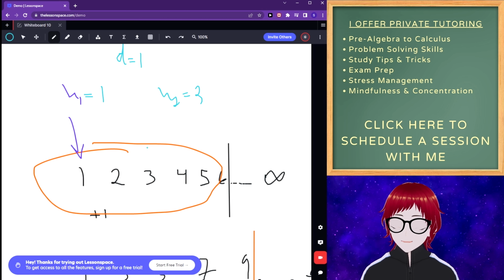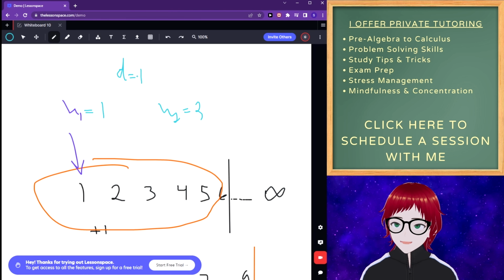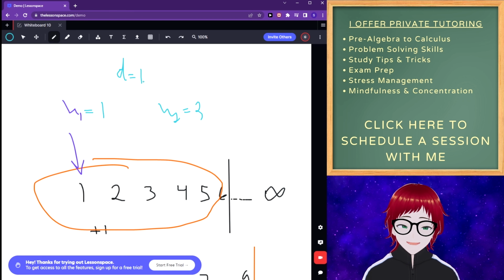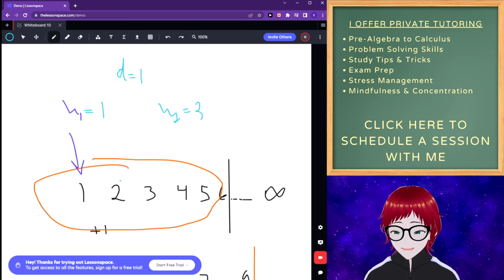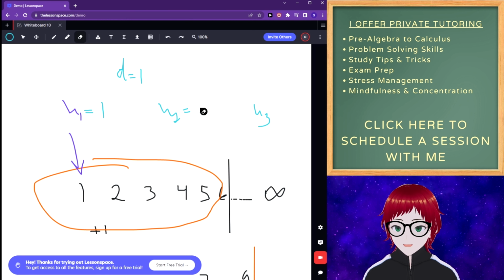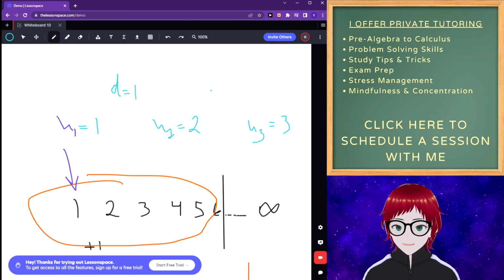And if you notice, this is an arithmetic sequence because the constant term d is going to be constant for every single term in the sequence. So if you look at u3, u2 is equal to 2, and then u3 is equal to 3, you can also see that the common difference between u2 and u3 is actually 1.